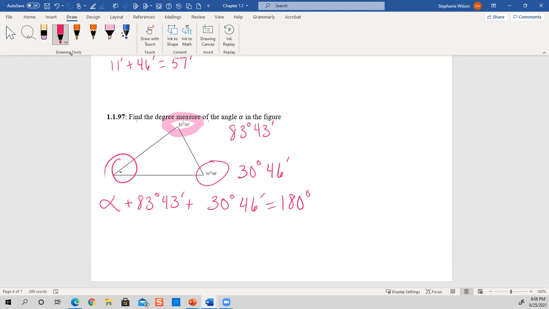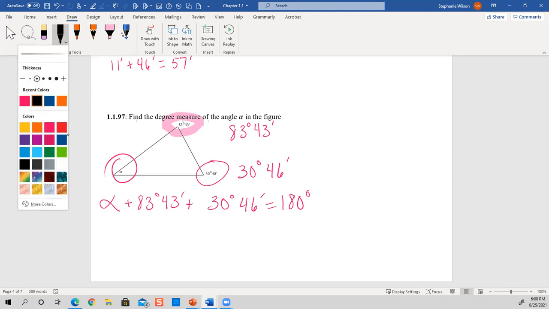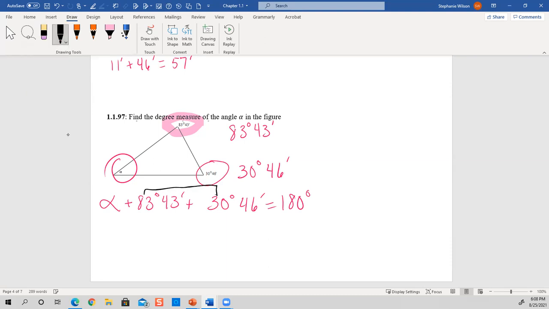Now we're going to put together our like terms, right? So we're going to say the 83 plus the 30 degrees, the 43 plus the 46, and I got alpha. I'm going to do a little parentheses, just so y'all see I didn't skip the step.